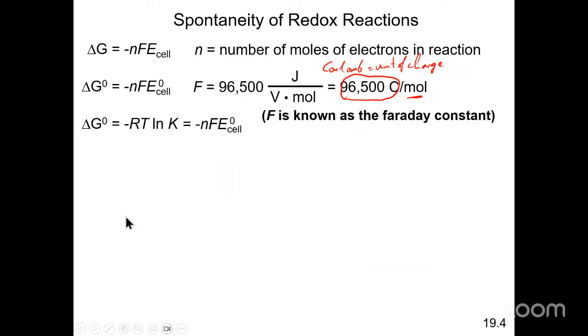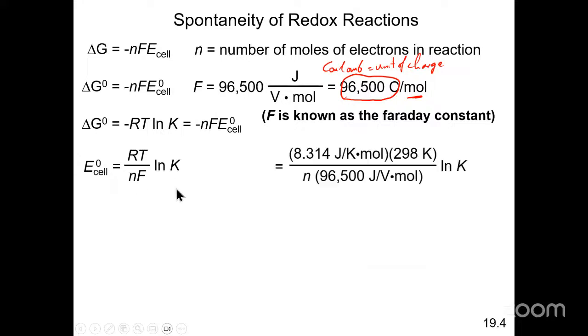So delta G standard is equal to minus RT ln K, which is equal to minus NF times the standard EMF of the cell. We can rearrange this to get the standard EMF of the cell equal to RT over NF times ln K.